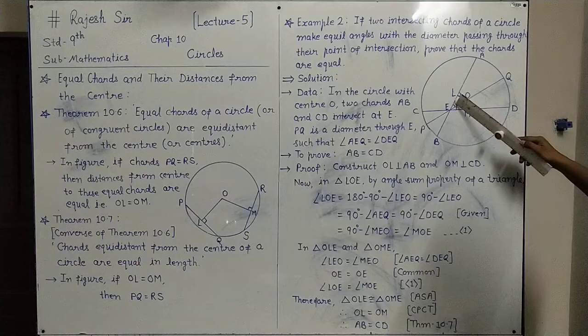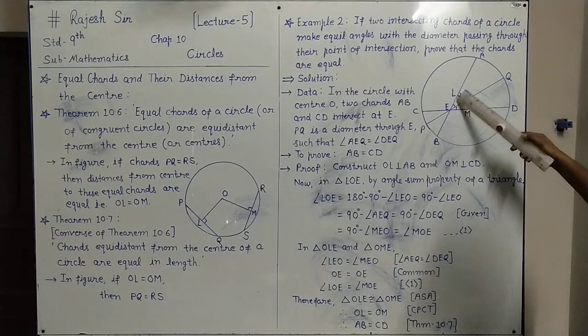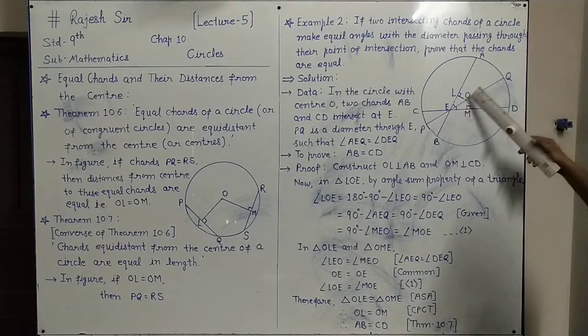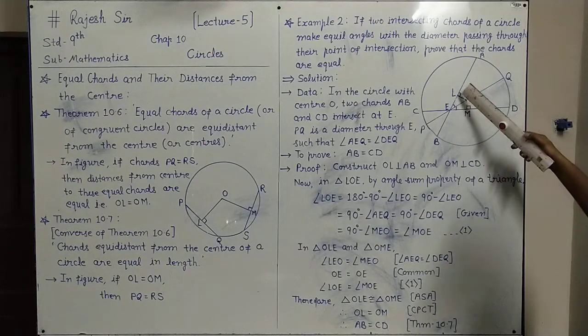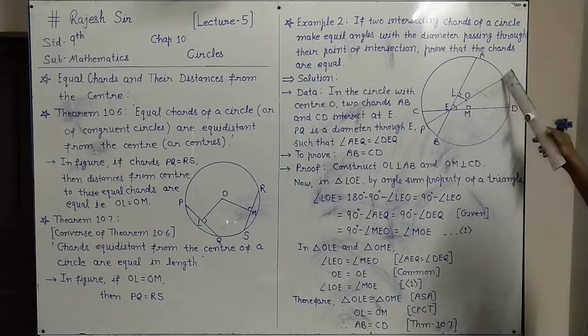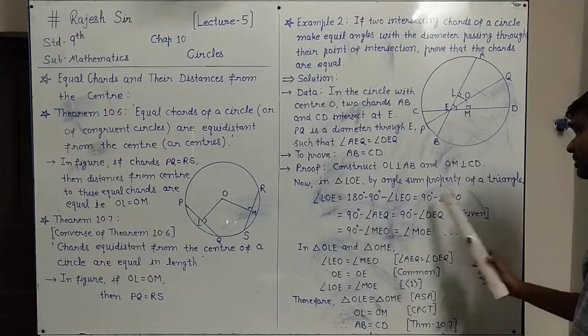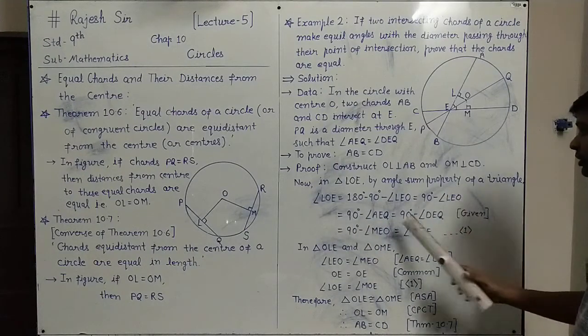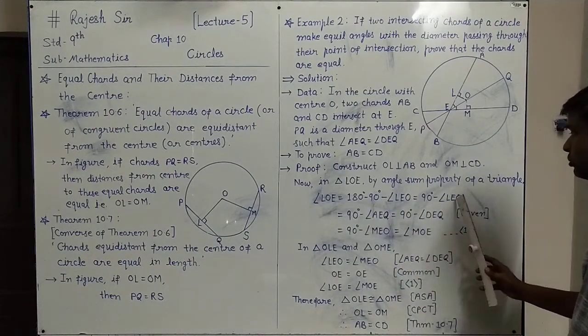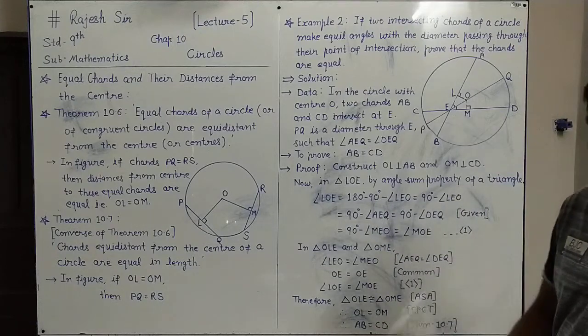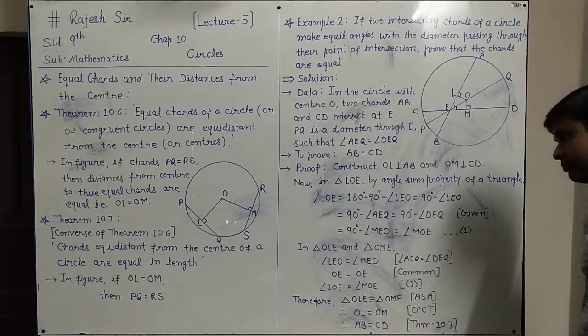LEO is this angle. Geometrically, this angle can also be said to be angle AEQ, the same angle. So in place of angle LEO, we can write angle AEQ also. So we have written 90 degrees minus angle AEQ, because both are geometrically the same angle, only the names are different.